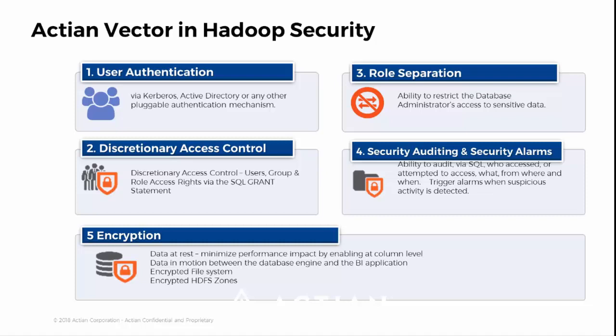The next thing that's listed on here is discretionary access control. So this gives us the ability to decide which users or groups of users or which roles within the organization can access what within the database. So let's say I'm a manager of a large team at Actian. I need to be able to access my team's personnel information.